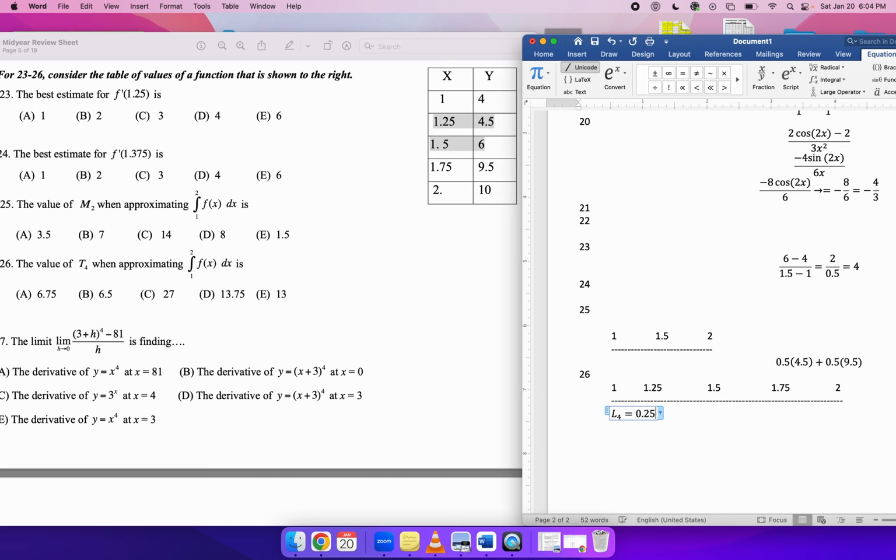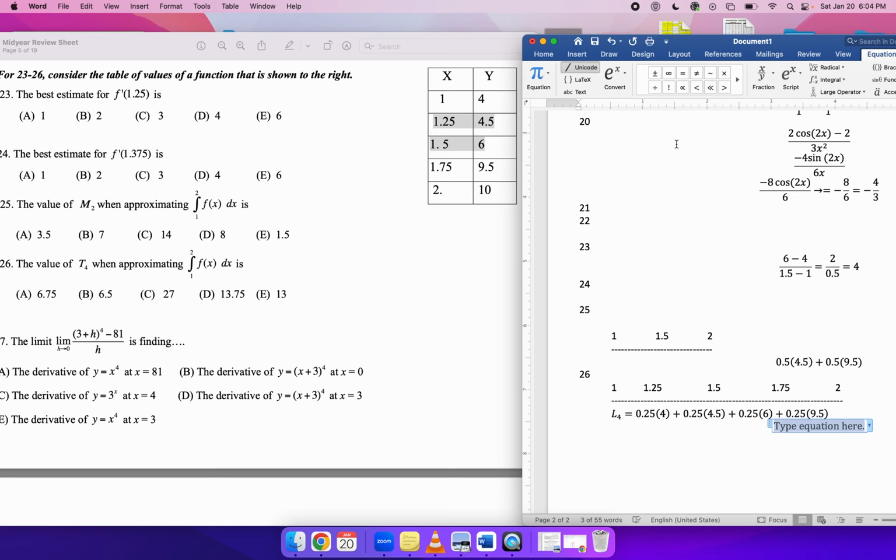So that's 0.25 times, the first subinterval, its left endpoint is 1, so you're looking at the height there, which is 4, plus 0.25 times the value of the function at the left endpoint of the second subinterval, so that's the value at 1.25, which is 4.5, plus, and just repeating this, 0.25 times 6 plus 0.25 times 9.5. So whatever that is.